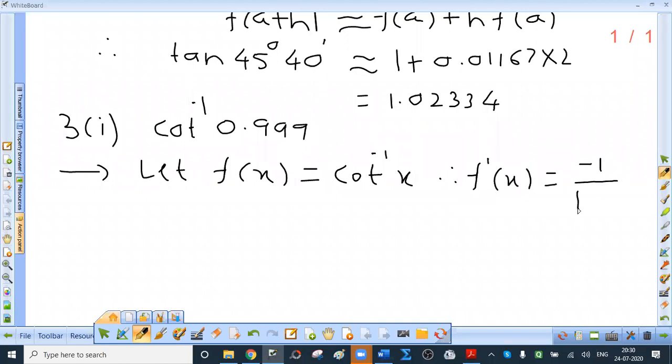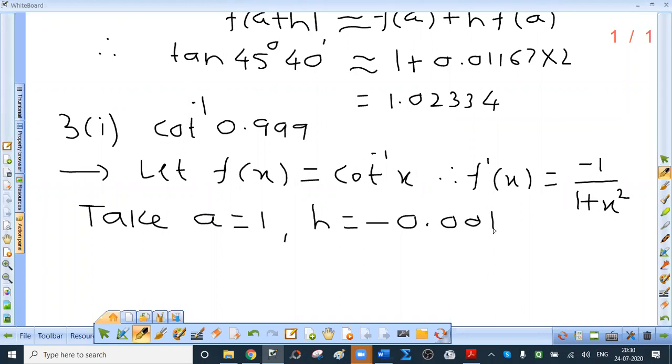It is minus 1 upon 1 plus x square. Now you have to take a equal to 1, because what is cot inverse 1? It is nothing but tan inverse 1 upon 1, that is tan inverse 1, which is pi by 4. So if I take a equal to 1, total should be what? 0.999. So tell me what is h? h has to be minus 0.001.